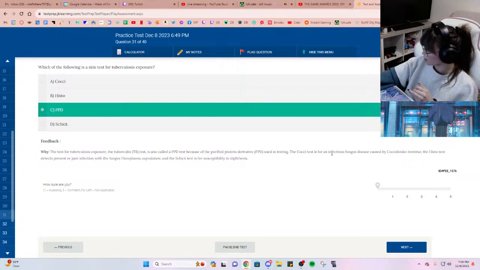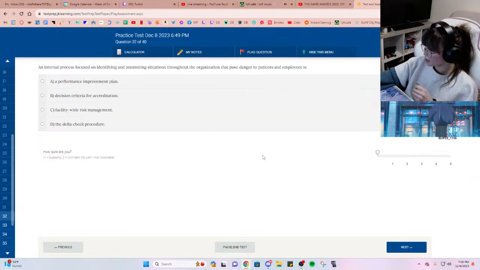The cocci test is for infectious fungus disease caused by Coccidioides immitis, and the histo test detects present or past infection with the fungus Histoplasma capsulatum, and the Schick test is for susceptibility to diphtheria. Interesting. Okay, so the PPD test is the TB test.